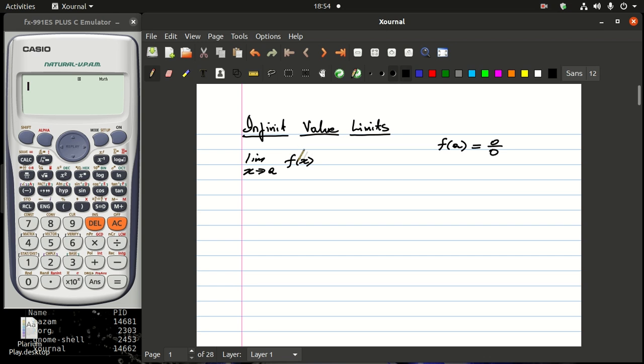And then when I factorize this f of x and cancel out the common factor, I end up getting a number. Or when I realize that I still have 0 over 0, I rationalize this fraction and cancel out the common factor, and I get a number.